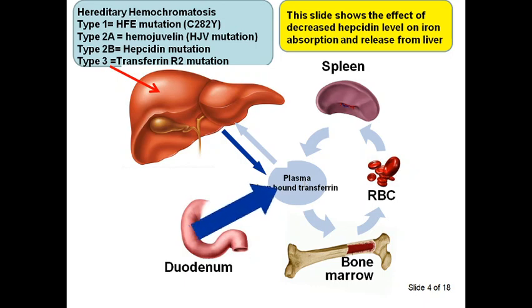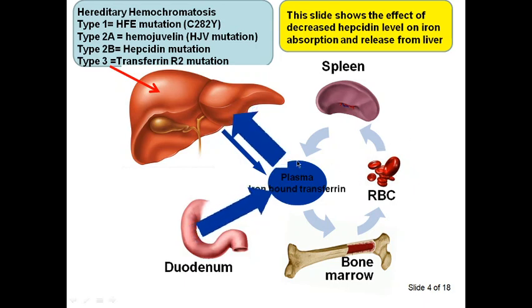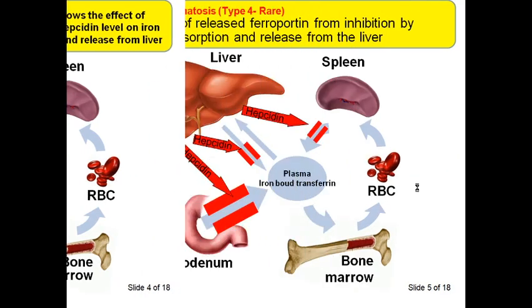And when transferrin is saturated, it will go to the different tissues where it deposits its iron in the different parenchymal cells, like the liver, the pancreas, and other tissues.